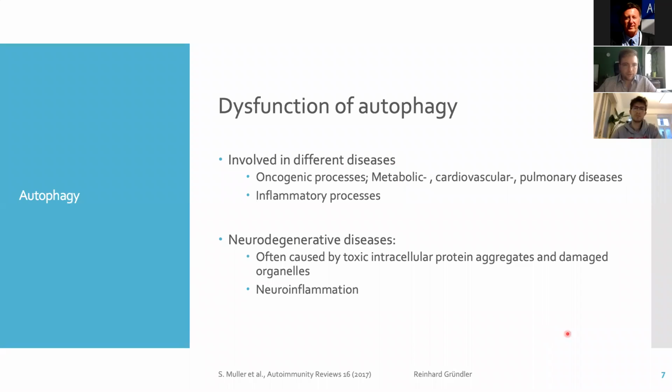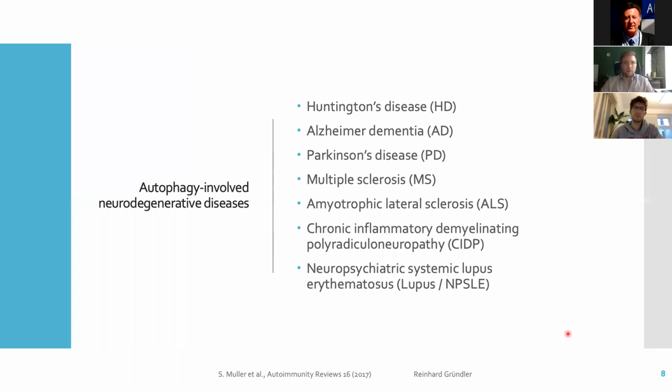They are often caused by toxic intracellular protein aggregates and damaged organelles, which then cause inflammatory processes via some different pathways. Okay, let's see which diseases are involved there. It's Huntington's disease, especially.